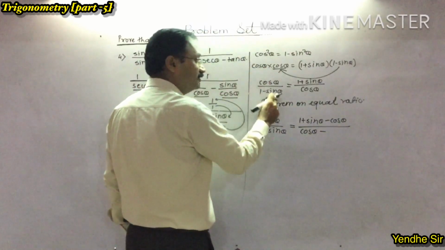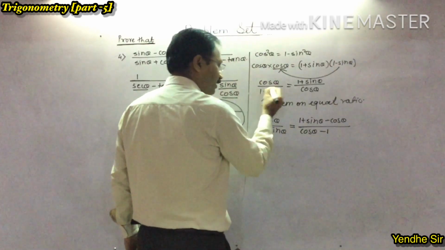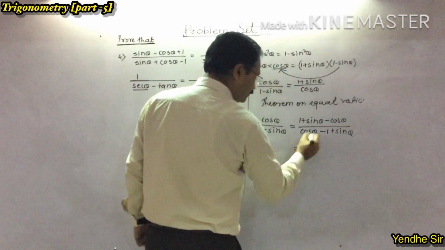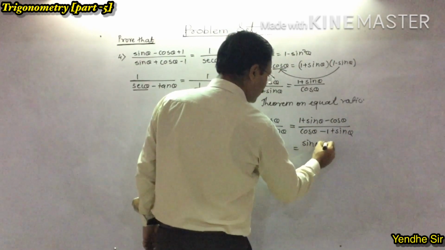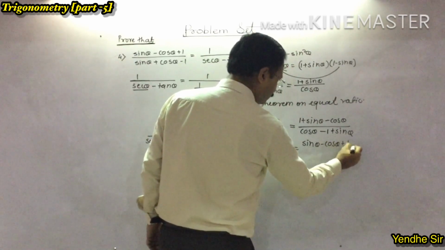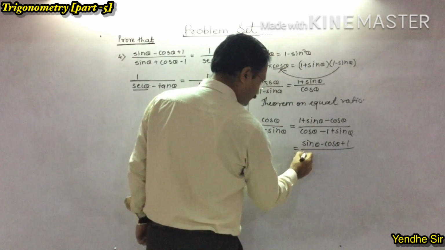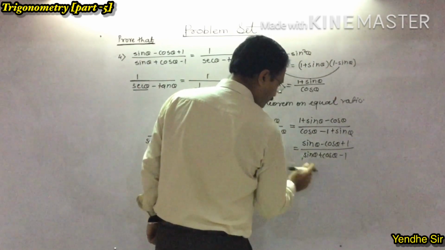While subtracting, the sign will be changed, plus will be minus, minus will be plus. Now rearrange it, and you will get sin theta minus cos theta plus 1 upon sin theta plus cos theta minus 1.